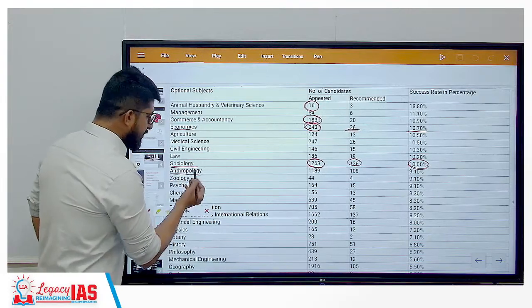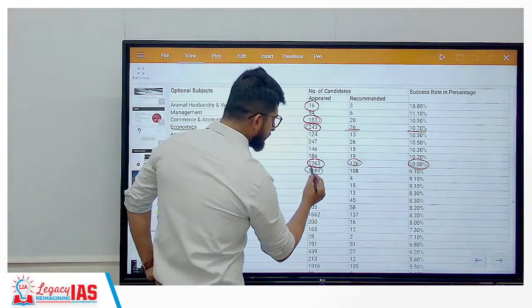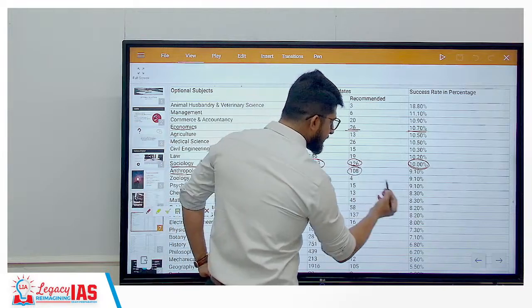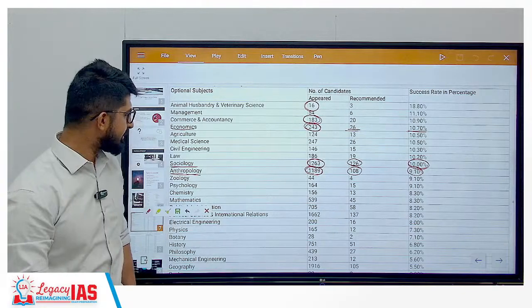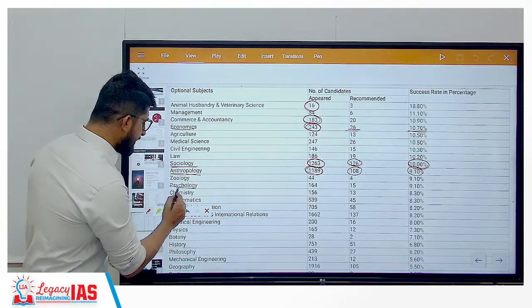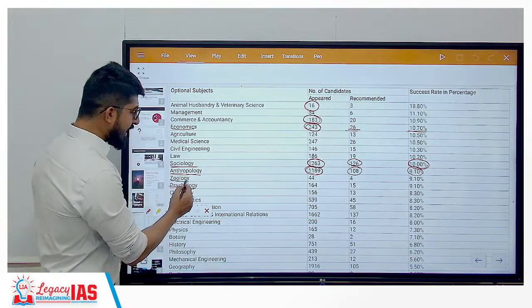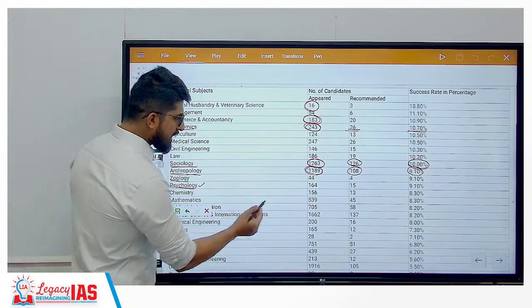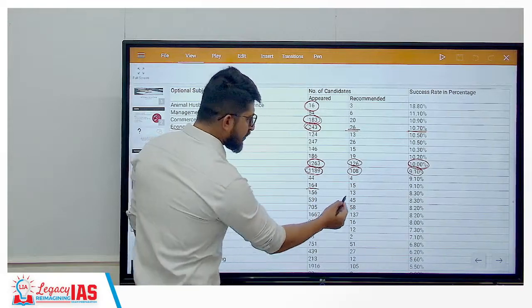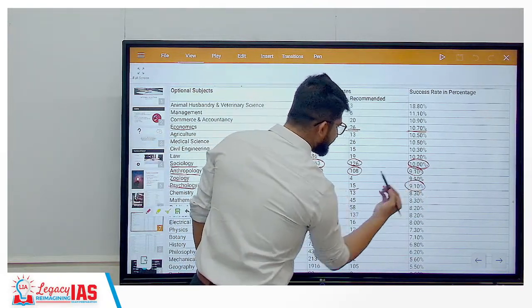Anthropology is the next best performer. 1,189 people, 108 selected, 9.1%. That is also a good performer. And then you have psychology. Zoology is there, but again, you need a background for that. So that is why you consider psychology. 164 people, 15 people got selected, 9.1%.